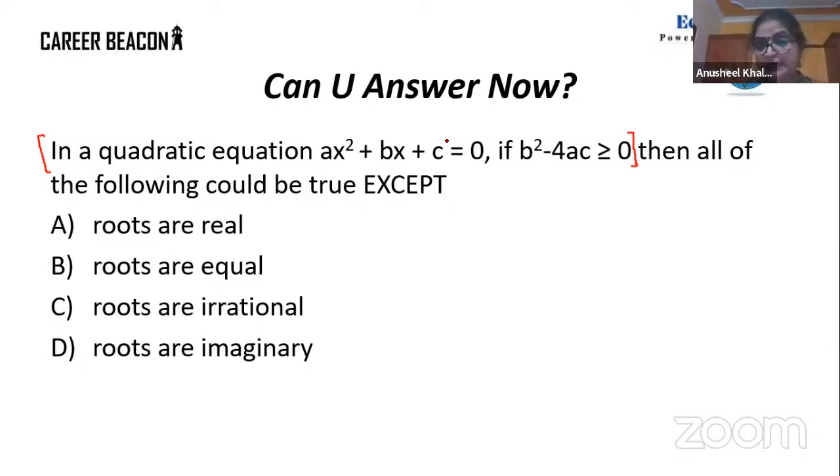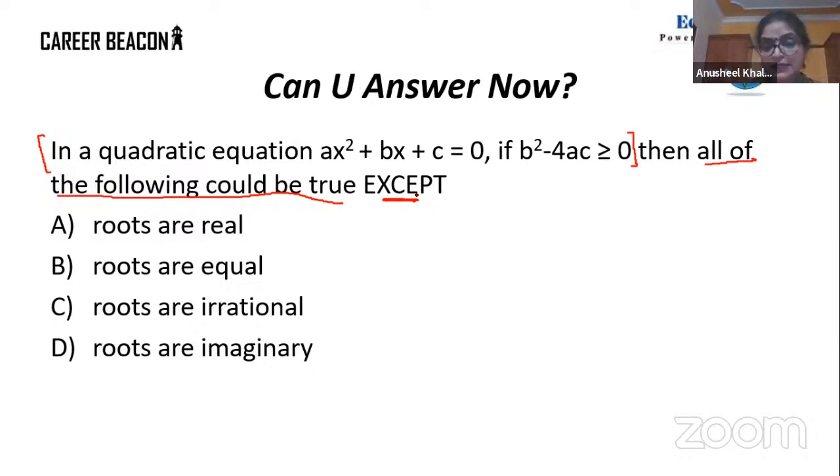So it is really important that we read the entire question and underline what it is asking. This question is asking all of the following could be true except. Now, except questions are opposite kind of questions. So you have to eliminate the answer choices that are true and pick the odd one, right?